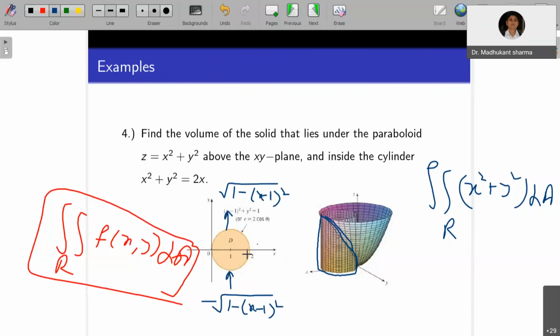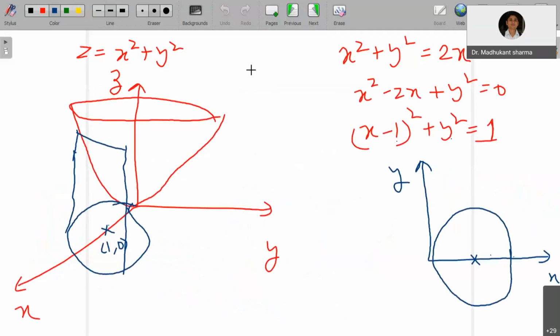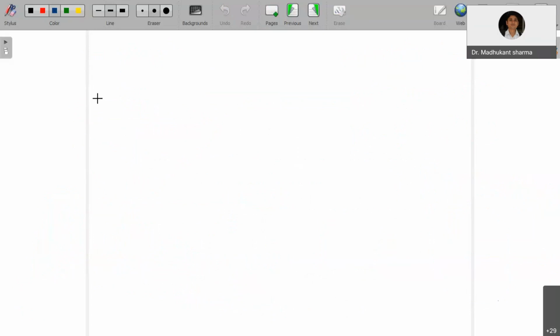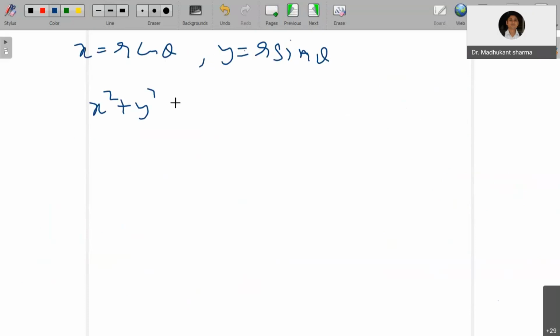If you use the polar form, x equals r cos theta, y equals r sin theta. So what is x square plus y square equals 2x?